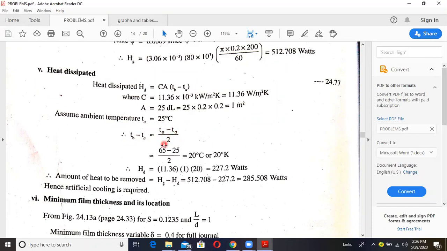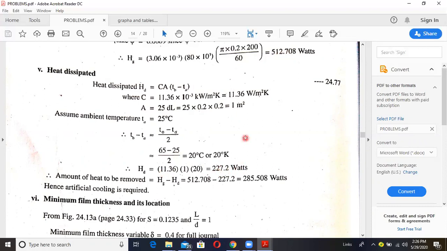T0 is 65, the operating temperature, minus TA, which we just assumed as 25, divided by 2. We will get TB minus TA. Substitute everything here: C, area, and TB minus TA. Then we will get HD. Now see, the amount of heat generated is 5.512. The amount of heat dissipated is 227.